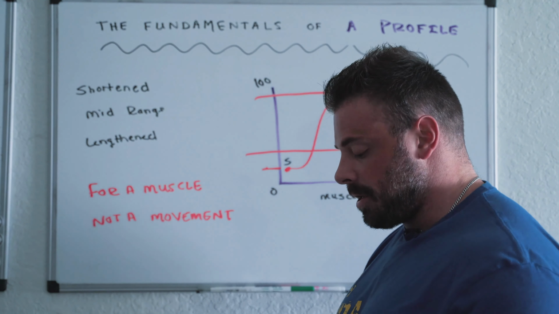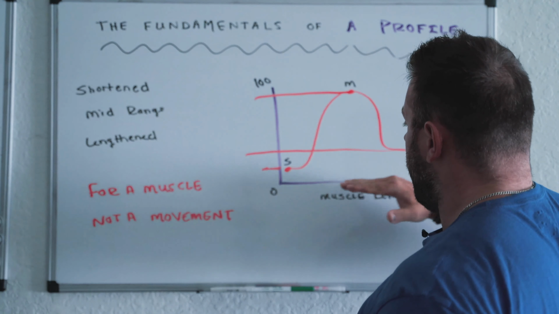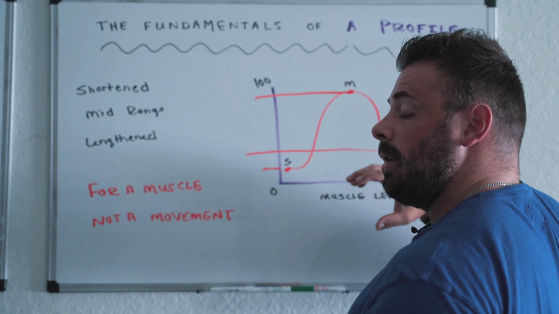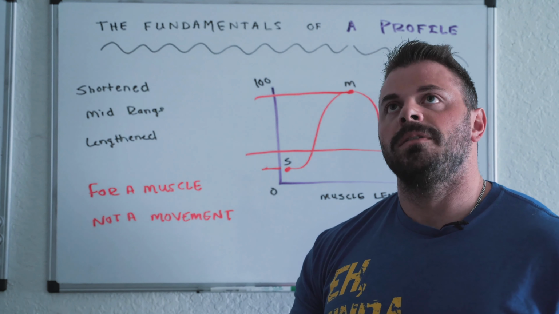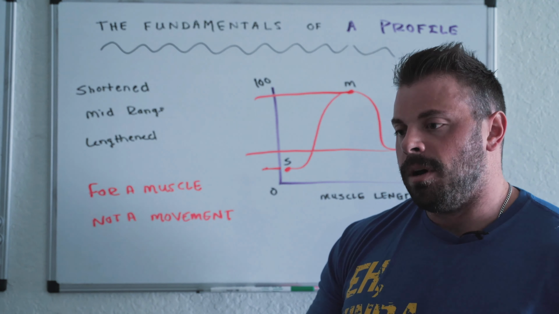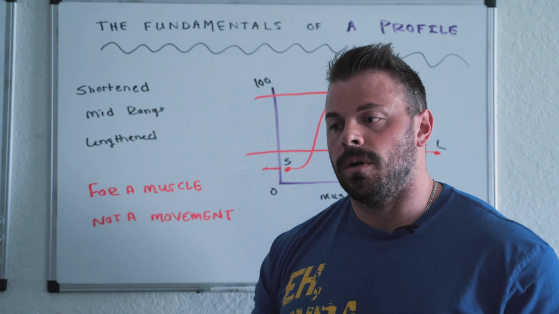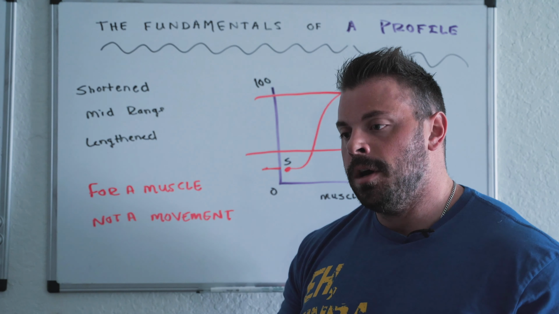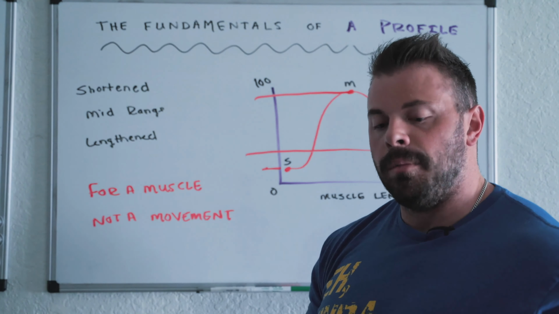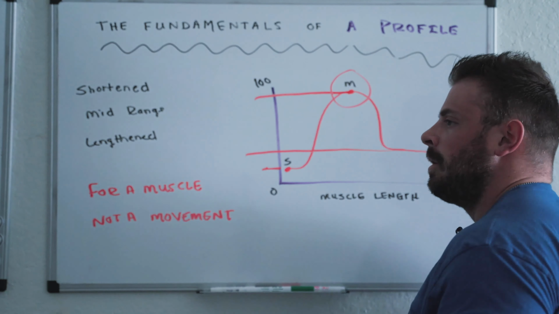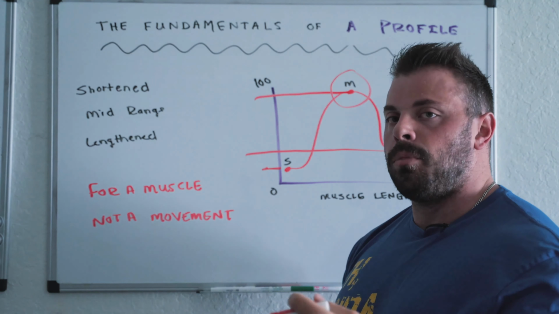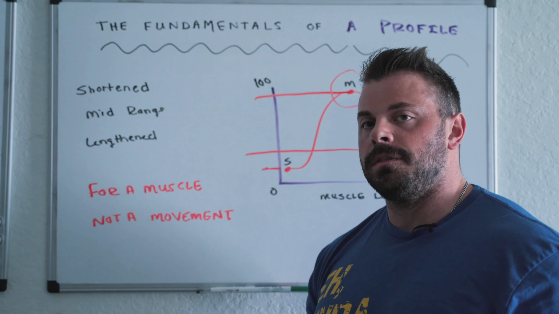The thing that's important to understand about why this graph matters is so that you can have a concept or a grasp on how much you can load an exercise, or what your expectation can be for progressing an exercise. In my opinion, exercises that highlight the middle of the range, you're going to be able to progress from a load standpoint probably a whole lot faster, especially if you're a newbie.